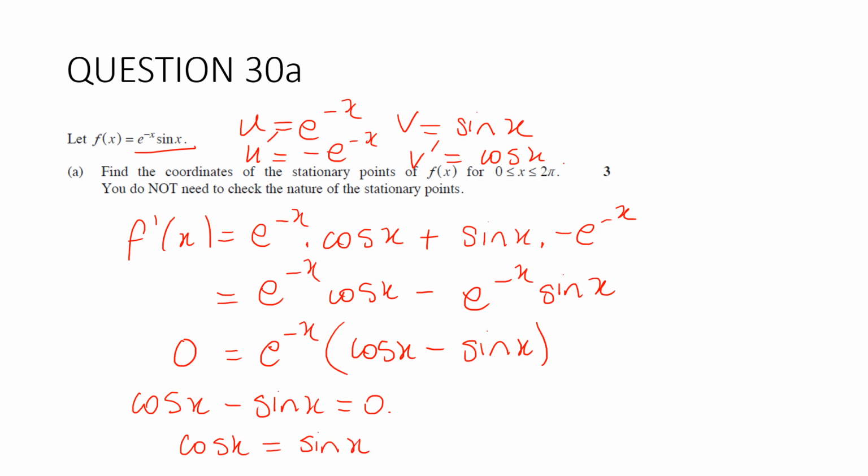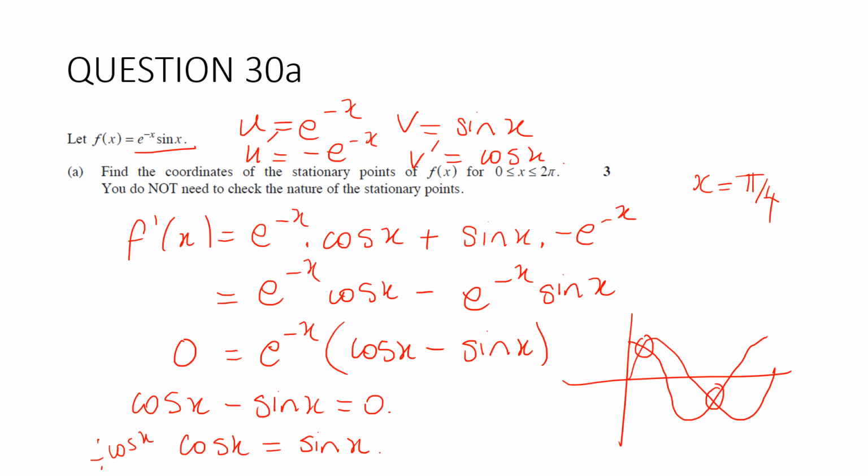Now, you can do this a number of ways. You can divide both sides by cos and turn it into tan x, or you can just think about the graphs. So we're between 0 and 2 pi. Here's sine, here's cos. And we've got 2 times when they are equal. One of them is obviously at 45 degrees, which is pi on 4.